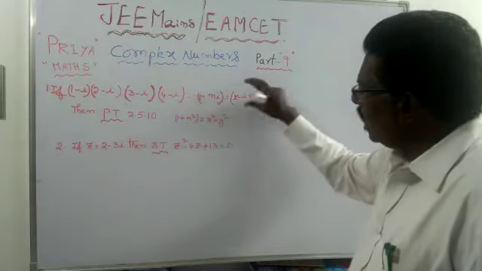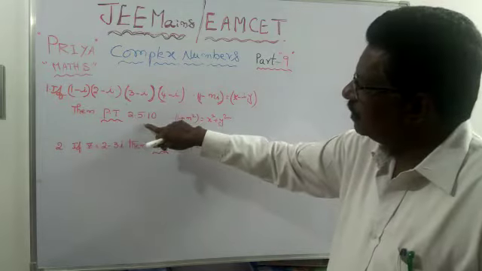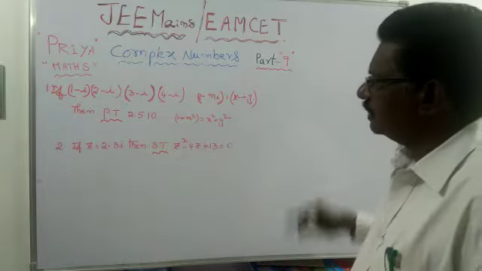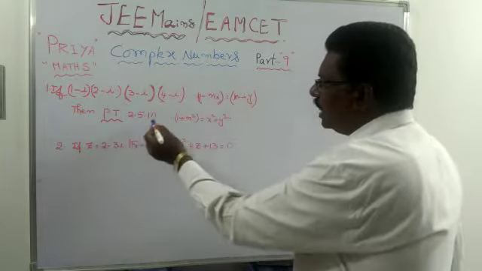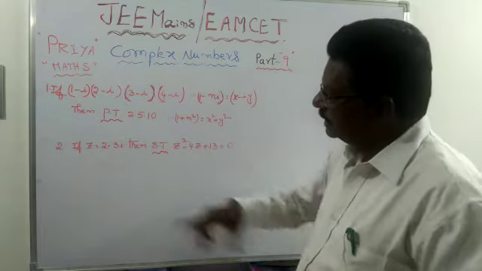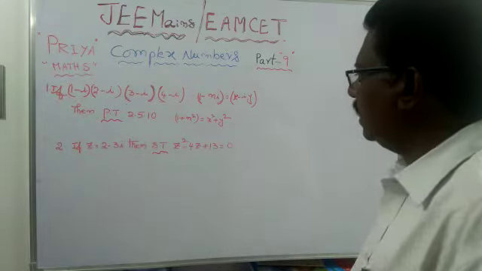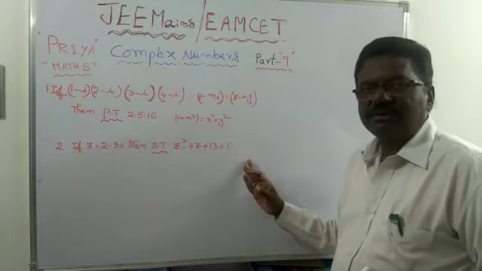They gave some value and you give the sum 2 into 5 into 10 and so on up to 1 plus n square is equal to x square plus y square. You have to prepare this. This value 2, 5, 10 and so on are equal to x square. Here in the second equation, if z is equal to 2 minus 3i, then show that z square minus 4z plus 13 equal to 0.